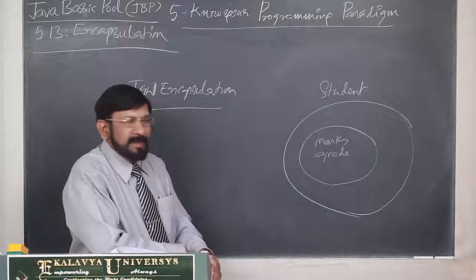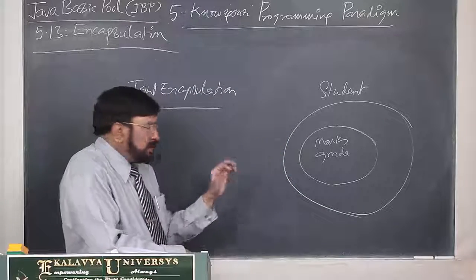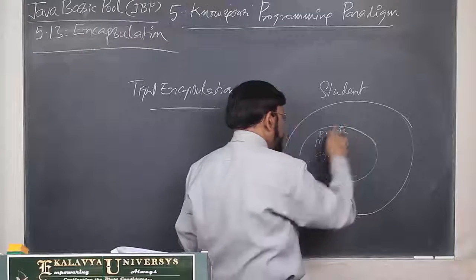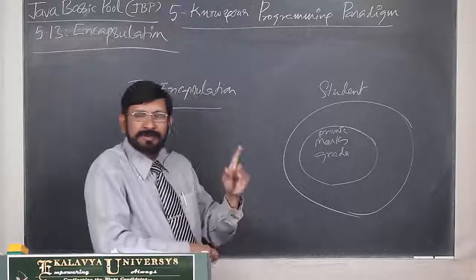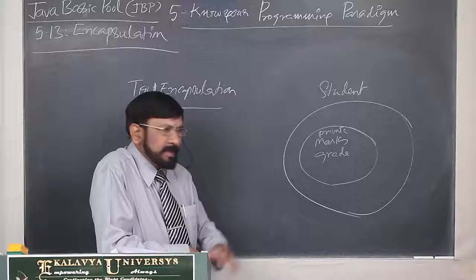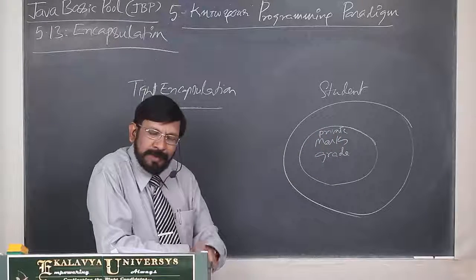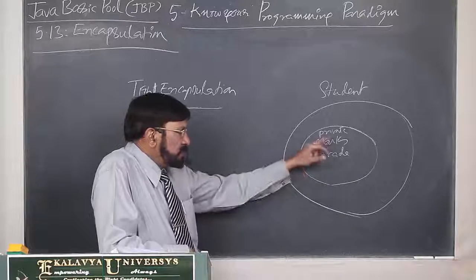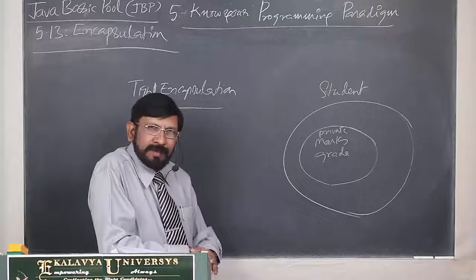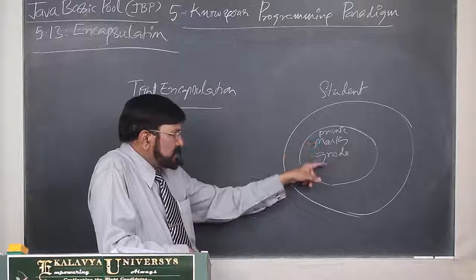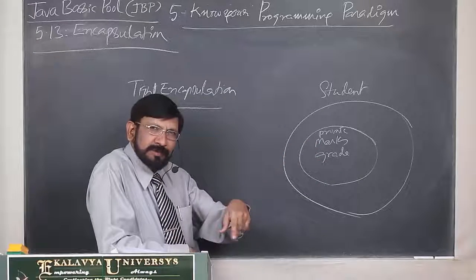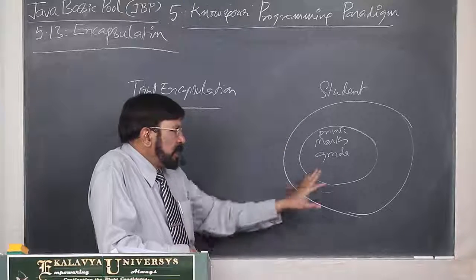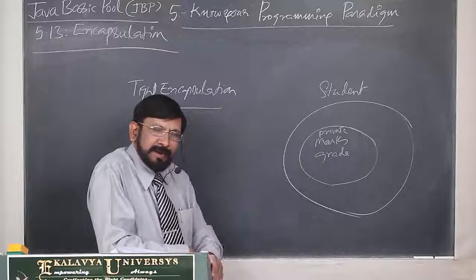Actually, you can make the marks private and grade also private, because outside elements should not change them. That's why you made them private. Outside elements are not allowed to access them. In order to access these marks, for setting marks or getting marks, the corresponding methods are used. And in the same manner grade also.